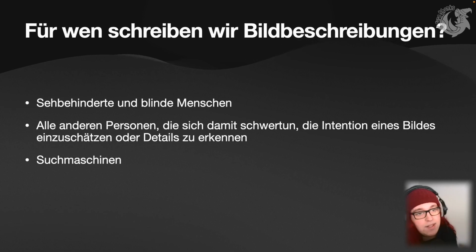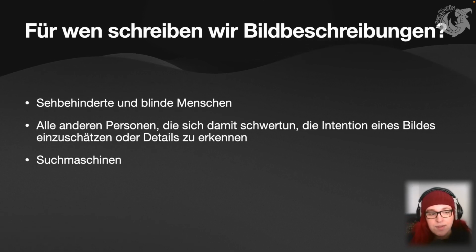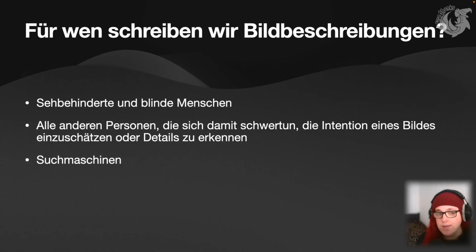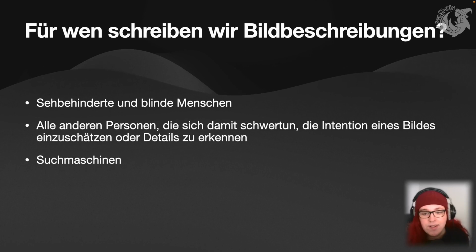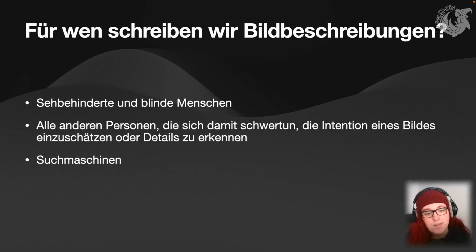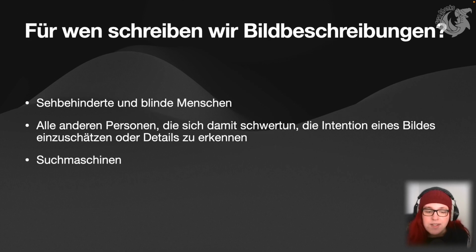So, for whom are we writing image descriptions? First and foremost, we write them for people with vision impairment or complete loss of sight, following us on social media, or as in our example on Mastodon or Twitter, and also for all the other people who have difficulty assessing the attention of an image or recognizing details.